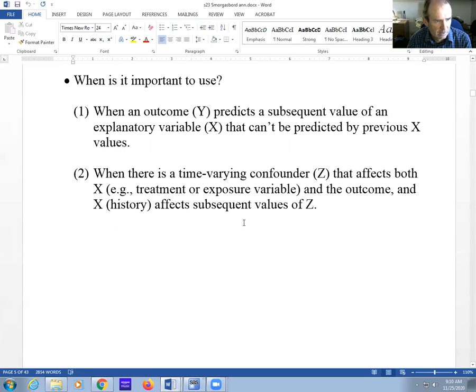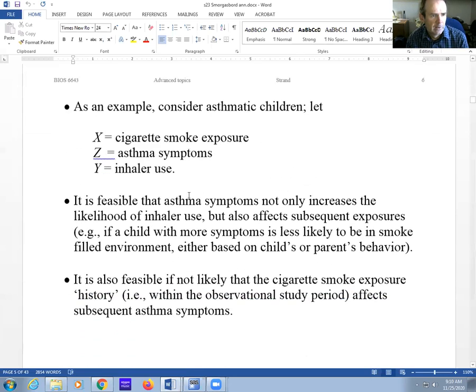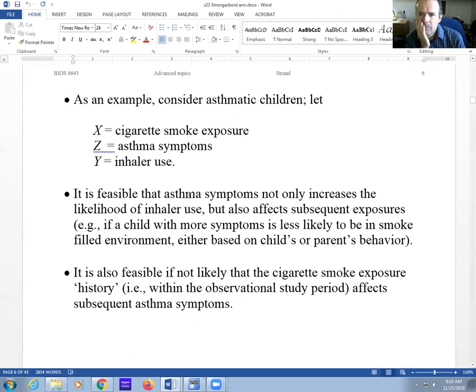And in addition, when there's a time varying confounder, we'll call it Z, that affects both X and Y, and the X history affects subsequent values of Z, we have a more complicated situation that we can't necessarily address by just including covariates in the model. And this is a situation, if we're interested in causal effects, where we want to try to apply something like marginal structural models.